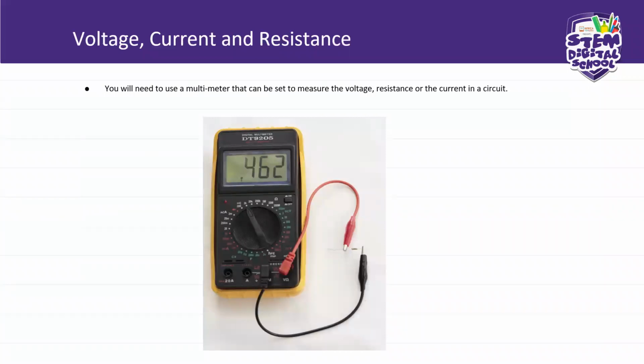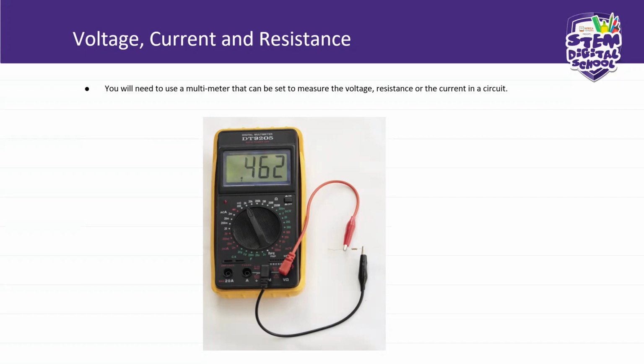But we prefer to use this one because it measures everything. We call it a multimeter because it has multiple functions. We do have tools which measure voltage only and which measure current only, but this one measures everything.